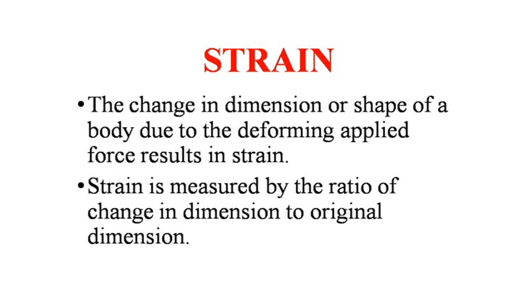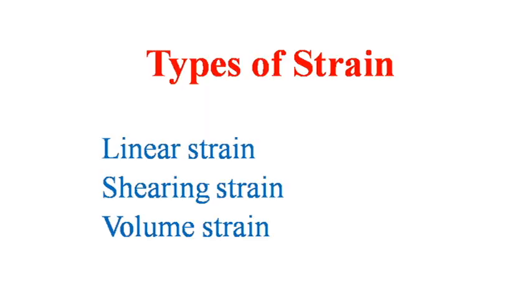For example, the change in dimension or shape of your body due to the deforming force applied will result in strain. There are three types of strains, namely linear strain, shearing strain, and bulk strain or volume strain.